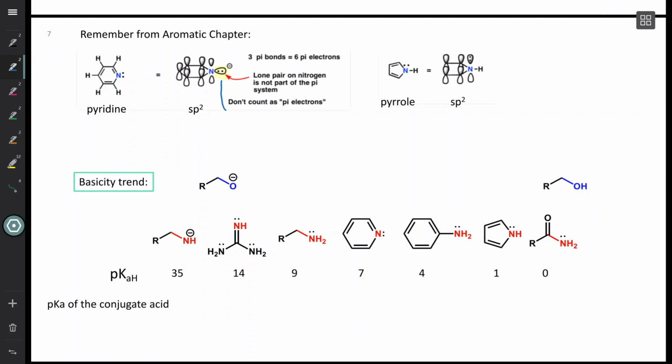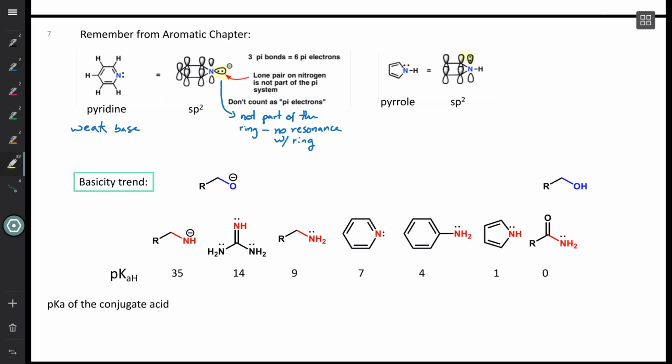So that lone pair is not part of the ring, and there's no resonance with the ring. That makes pyridine a weak base. It is a base because that lone pair is available.